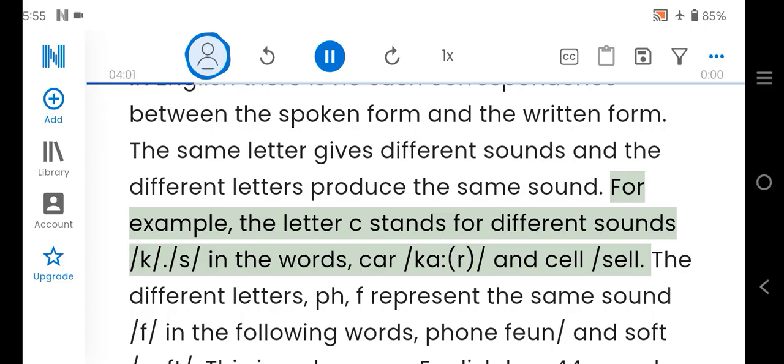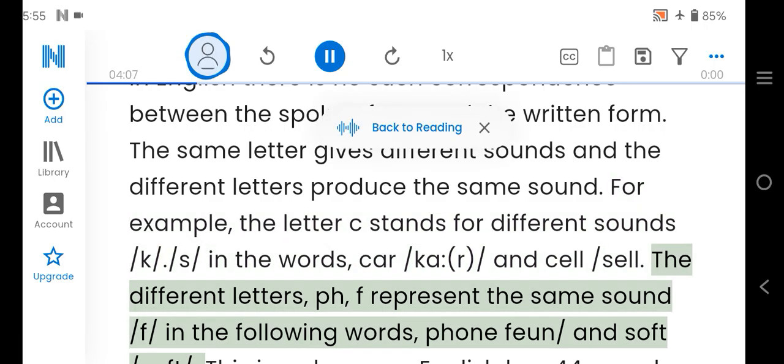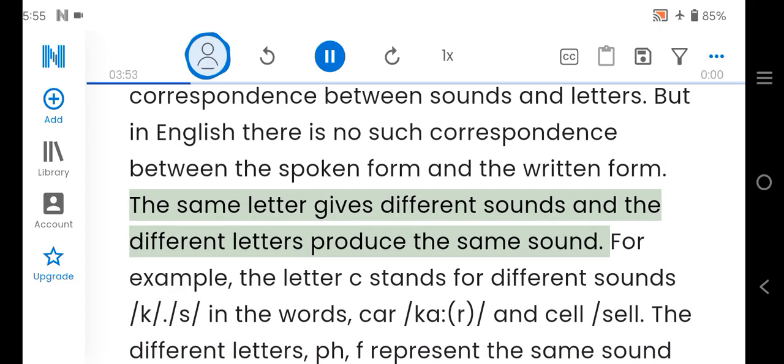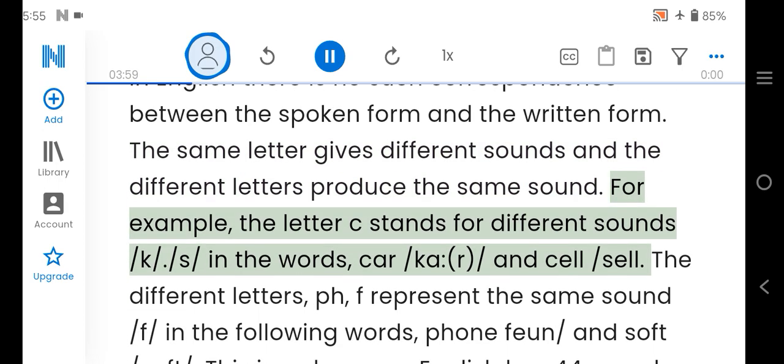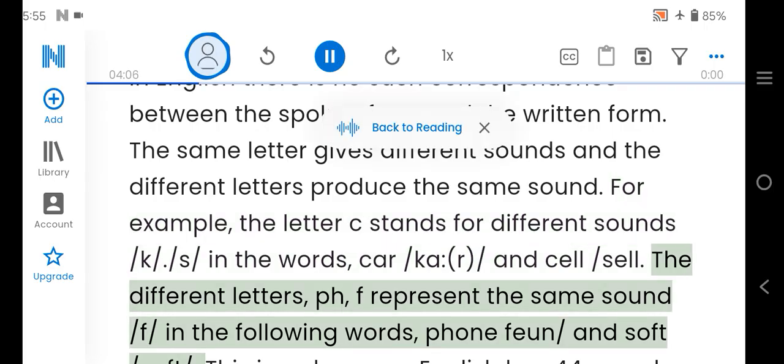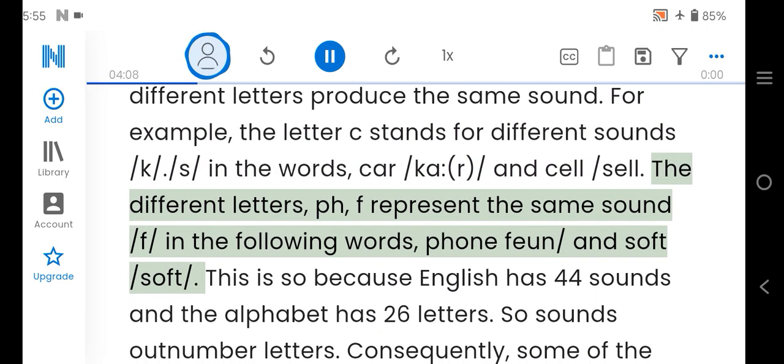For example, the letter C stands for different sounds, K and S, in the words car and cell. The different letters PH and F represent the same sound, F, in the words phone and soft.